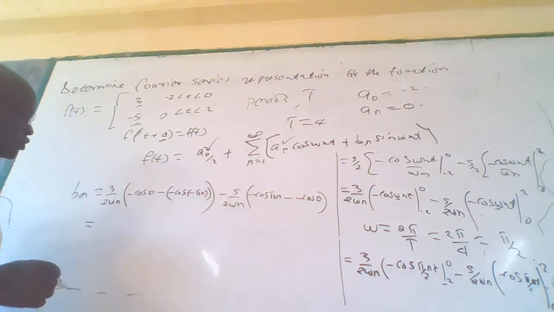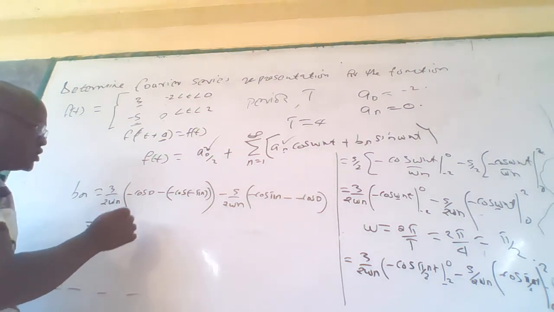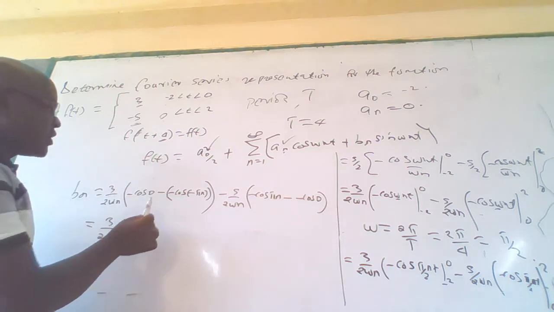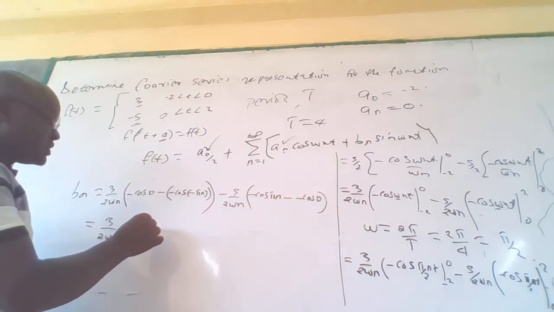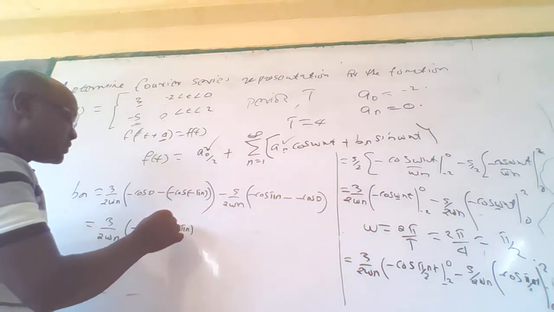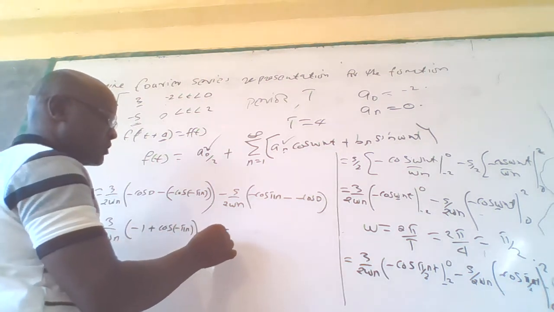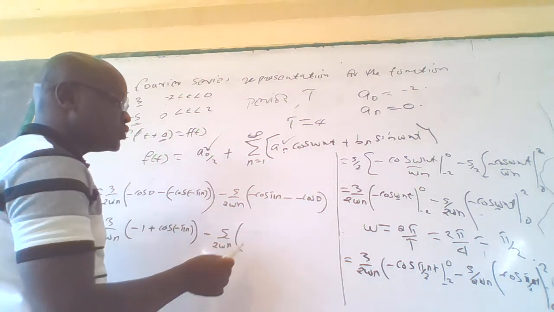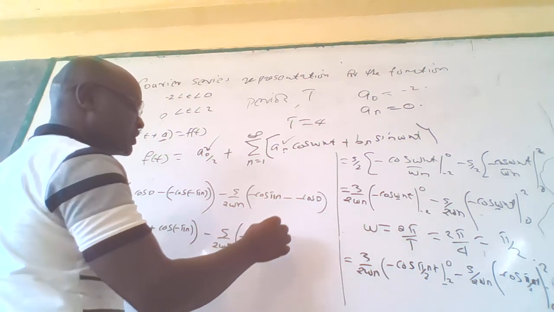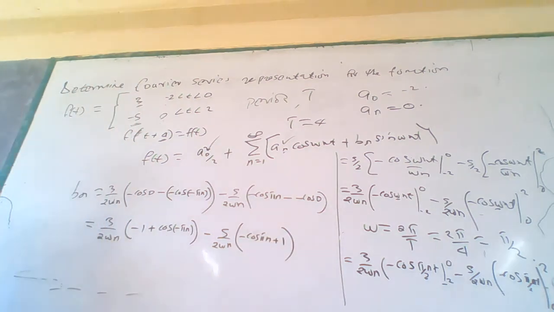So this equals 3 over 2 omega n into, cos 0 is 1, so it will be minus 1, and then we have plus cos of minus pi n. Minus 5 over 2 omega n into minus cos pi n plus 1.